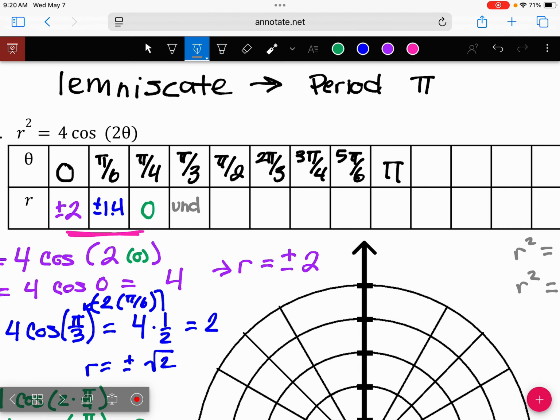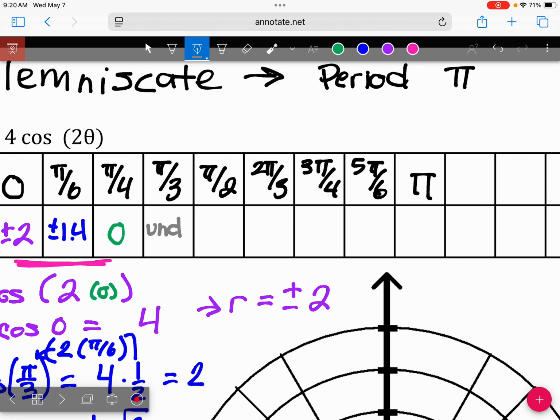Pi over 2 is going to be very similar. It does the same thing. When we find our cosine of 2 times pi over 2, cosine of pi, it's also negative, so we're still undefined there. What about 2 pi over 3? What's cosine of 2 times 2 pi over 3? It's going to be a negative cosine again, so again, it's undefined.